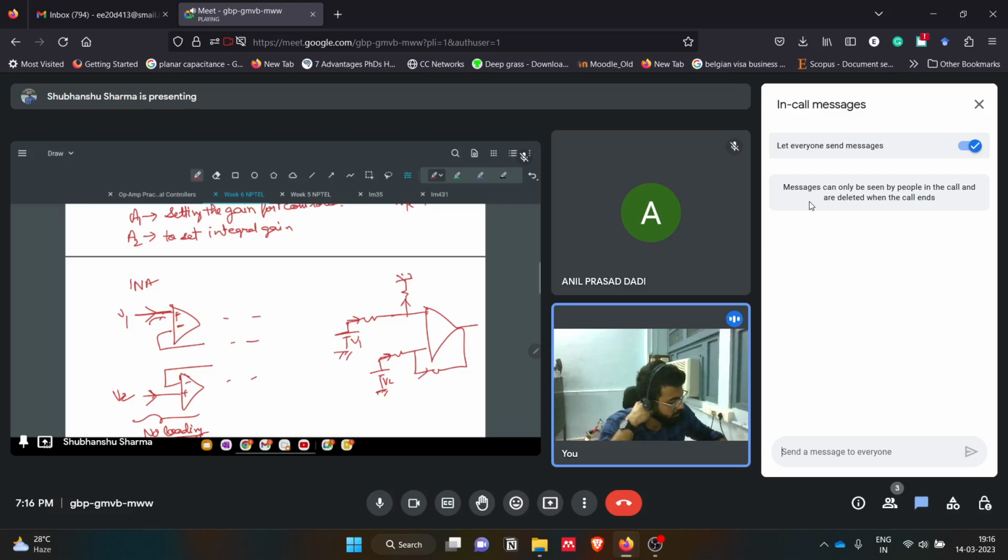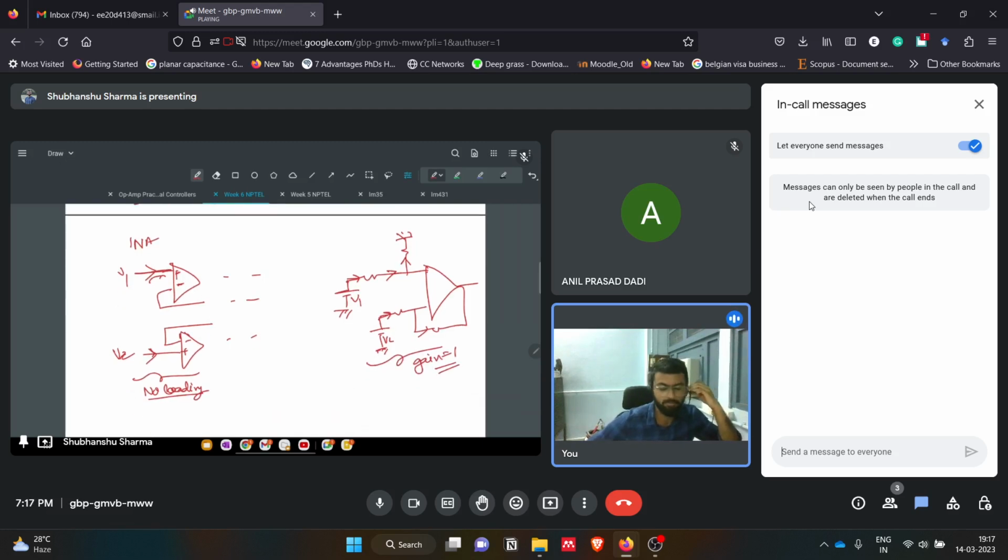So the loading issue will be there. Also, since we were using this as a gain equals 1 amplifier, there is a problem of resistor mismatch. We realized this when R4, R3, R2 and R1 were all equal: R3 equals R4 equals R2 equals R1.